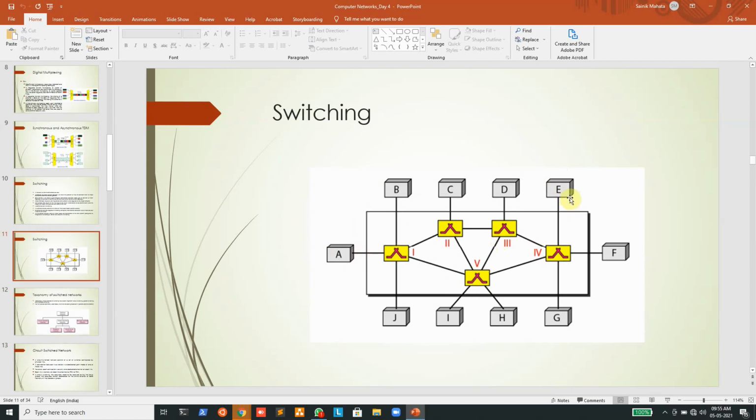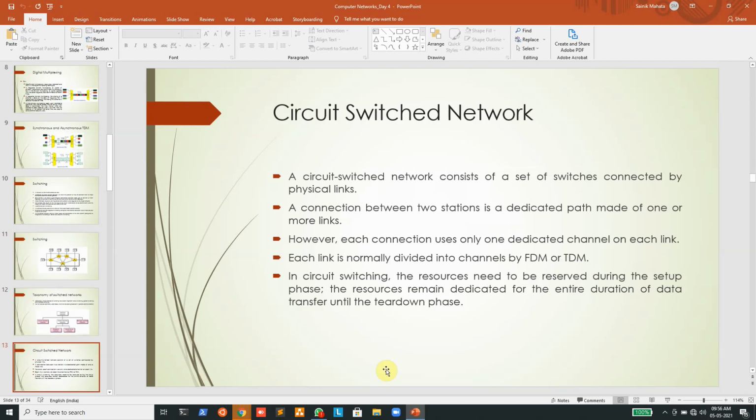Suppose I go from machine A to switch 1, from switch 1 to switch 5, from switch 5 to switch 4, and then to E. This channel that we follow will be reserved, which means whenever computer A is sending data to computer E using this channel, the other computers will not be able to use it. So this channel will be reserved whenever we have the communication. Now, what is the advantage of this? What is the disadvantage? We will see in the later half of the slide.